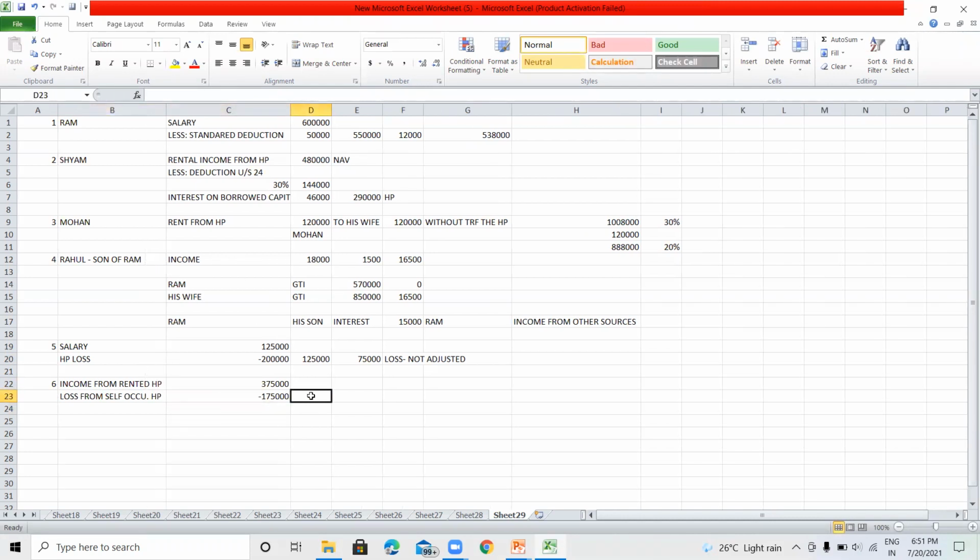In this situation, the income taxable under the head of house property will be, after reducing such loss, 2 lakh rupees.